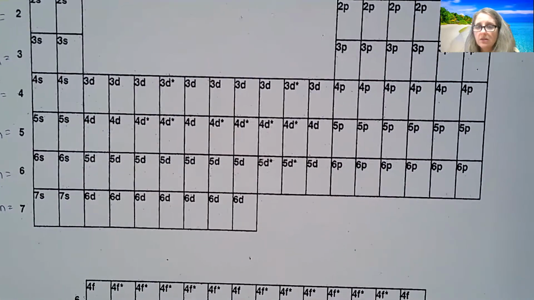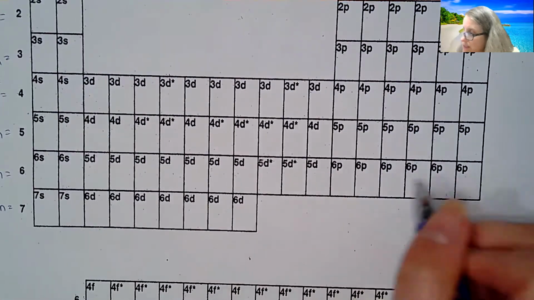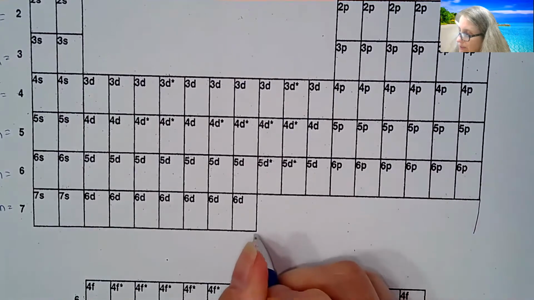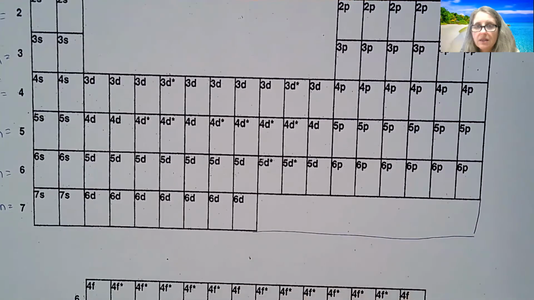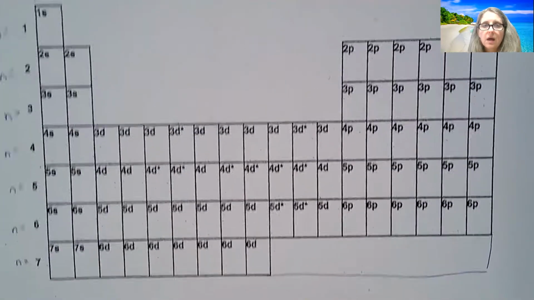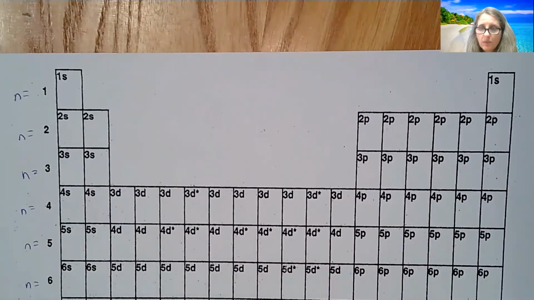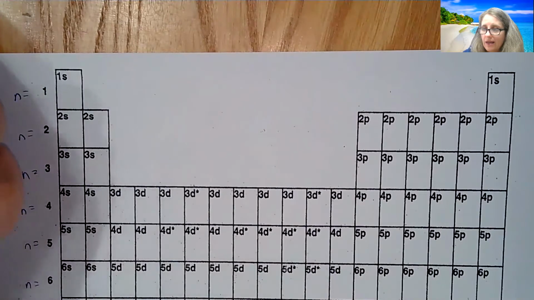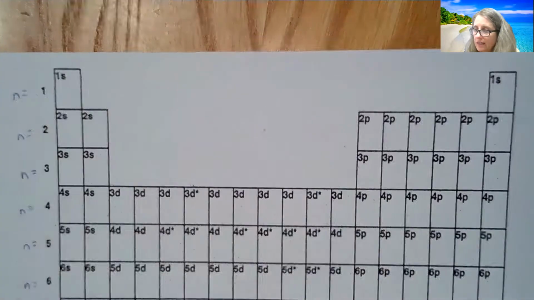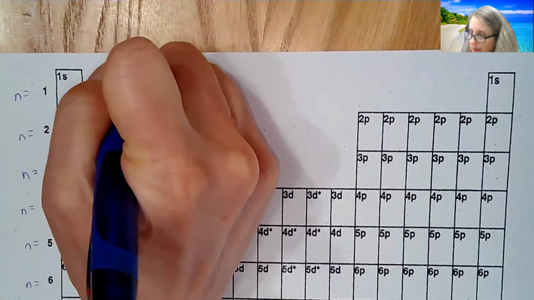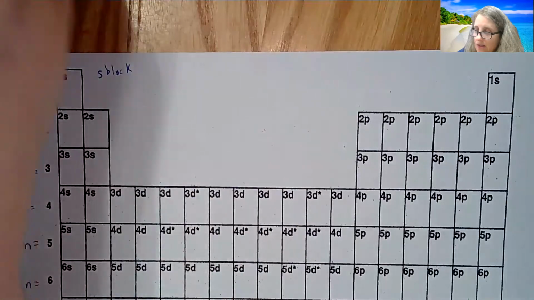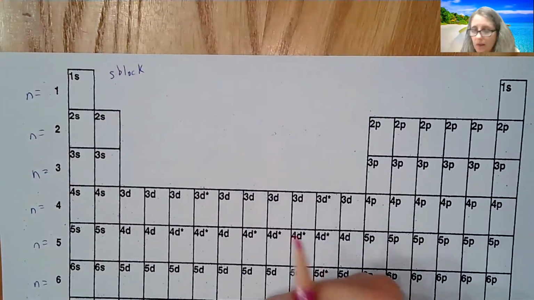Now, do realize this is an older version, so this periodic table does not have all of the newer elements, but it does continue down, so you could draw that in. So first pick a color, any color you like, and we're going to label what we call the S block. The S block is going to be the first 2 columns of the periodic table here.